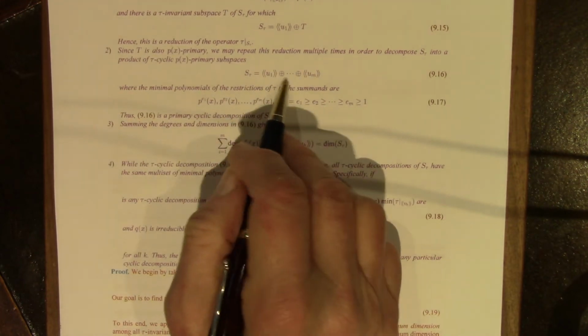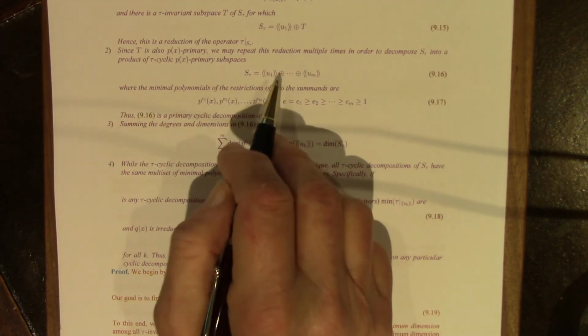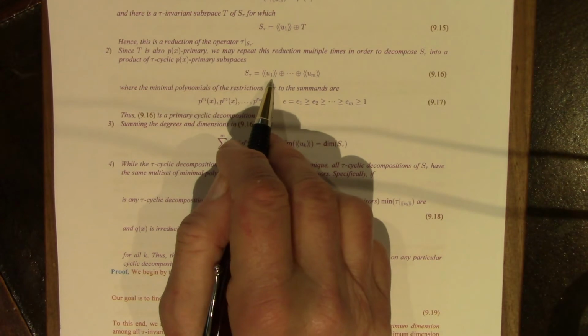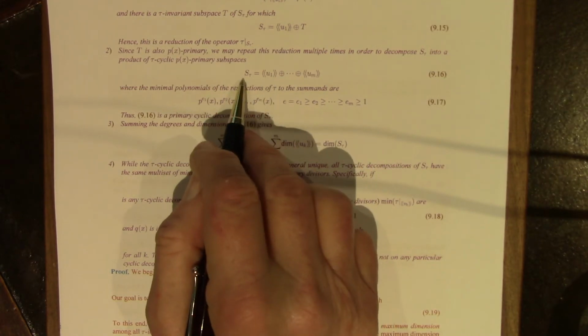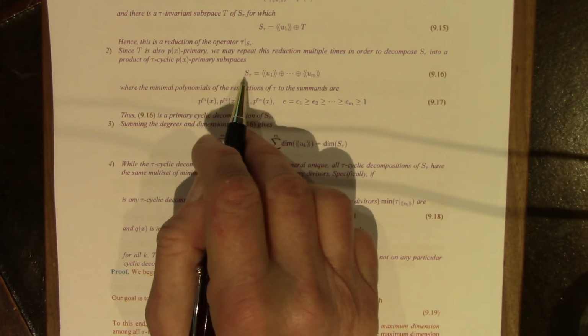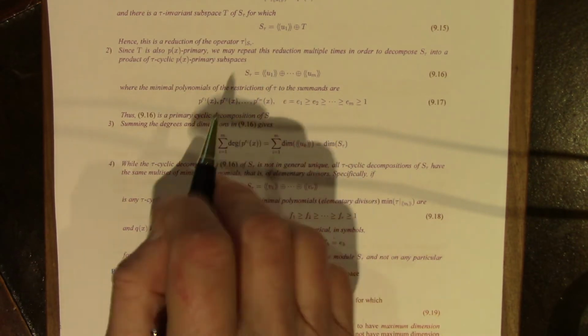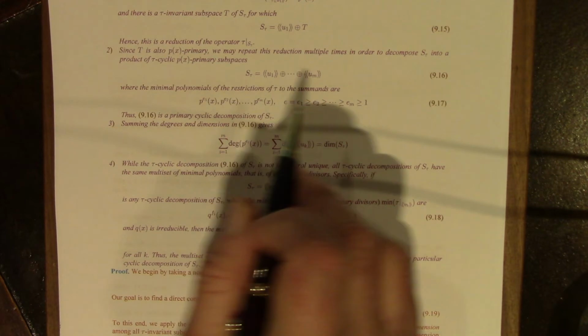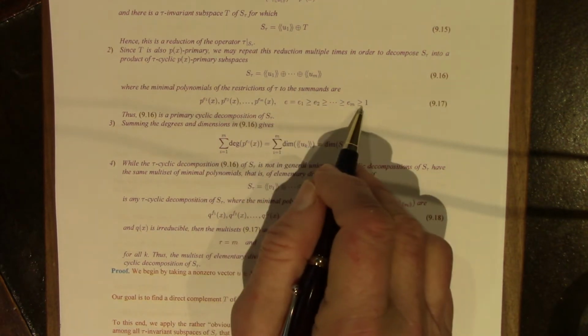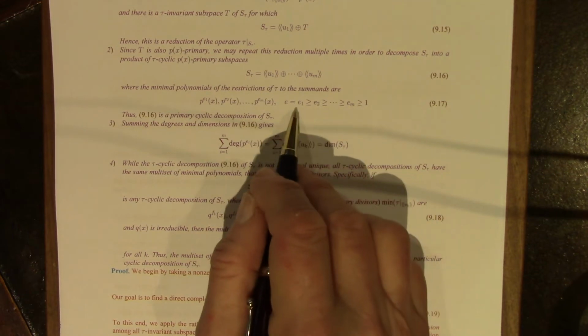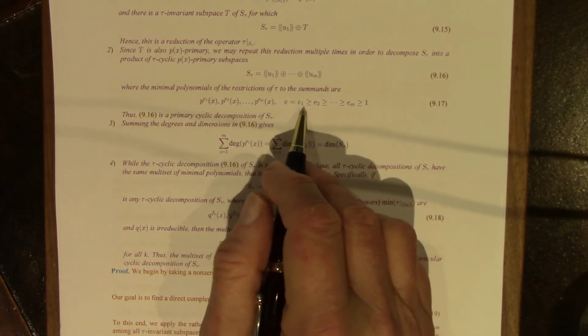The minimal polynomials are each one divides the minimal polynomial of S sub tau. The minimal polynomial of S sub tau is in fact the least common multiple of those minimal polynomials. So they are all powers of p of x. We can arrange them in descending order or non-ascending order. This is customary but not required, of course.